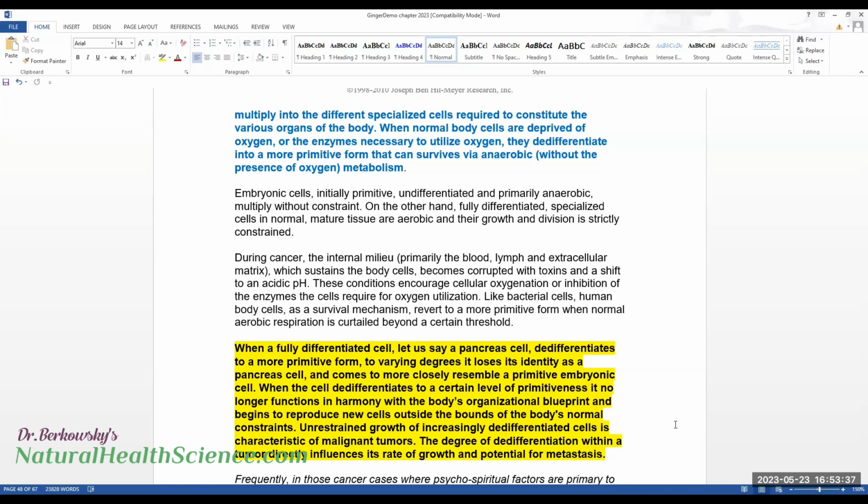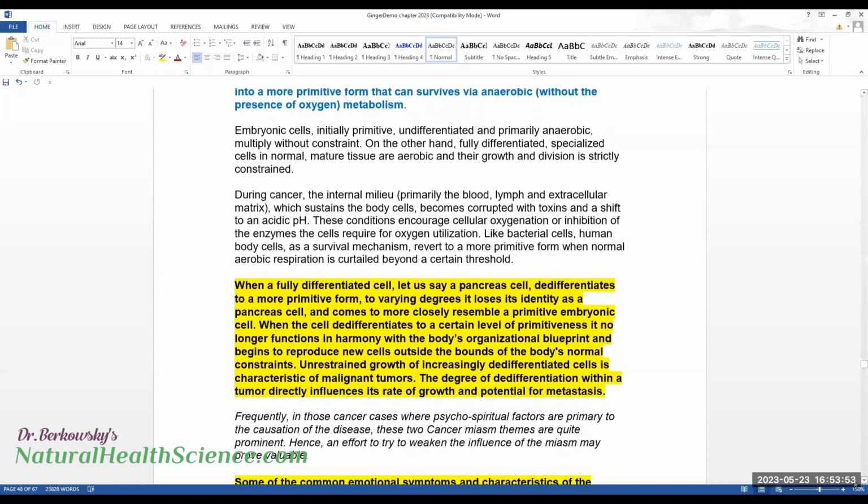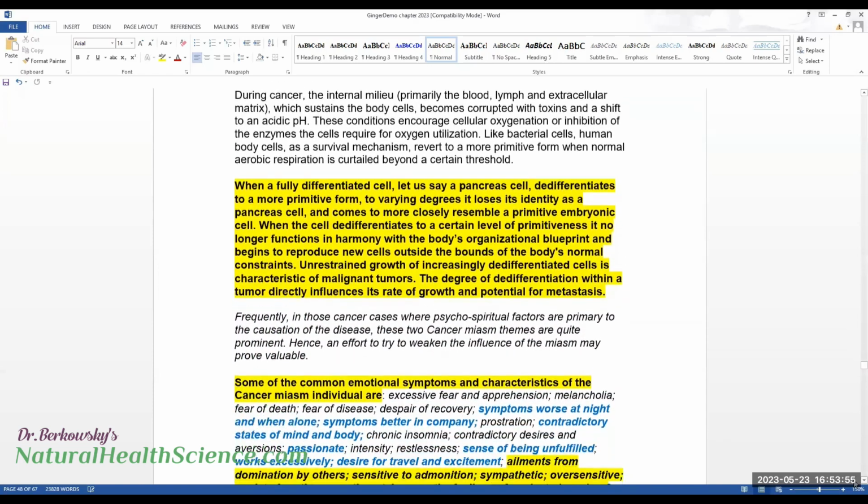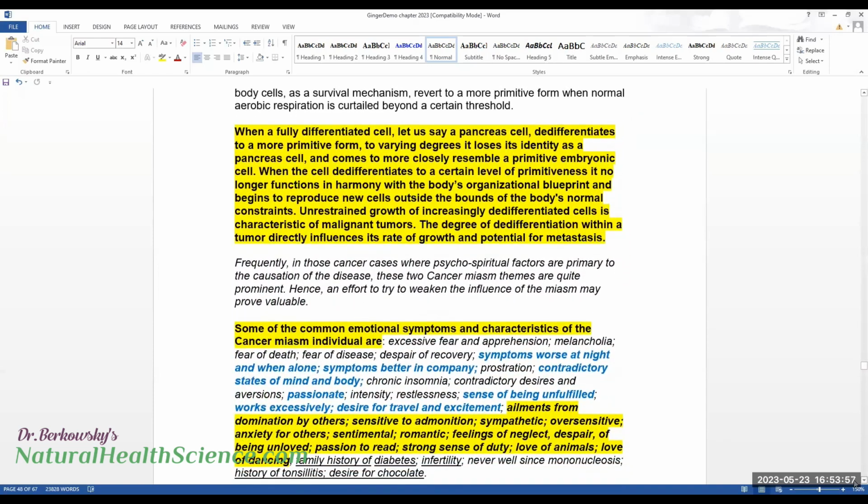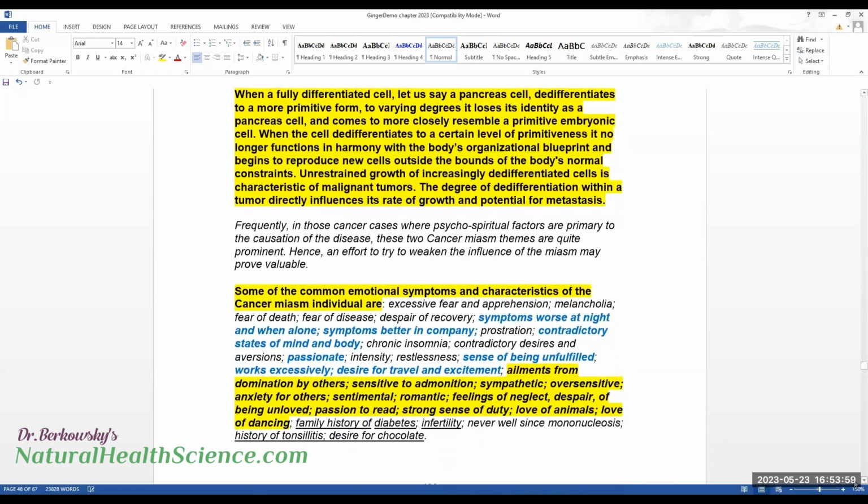So this is where the connection between the miasm of differentiation, the cancer miasm, and the whole issue of differentiation comes in. So with that said, let's go on back to discussing ginger in particular. Now, obviously, I'm going off on a lot of tangents here that I feel are important for you to know.